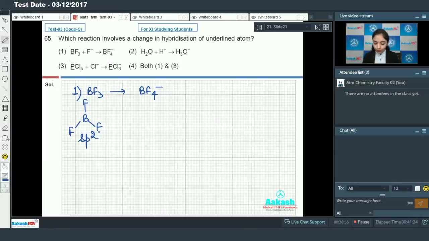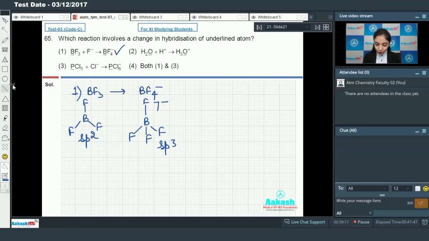But when it is converted to BF4 negative, the total sigma bonds are equal to 4. So hybridization is sp3. So there is the change in the hybridization of the boron atom from sp2 to sp3. So this option is correct.